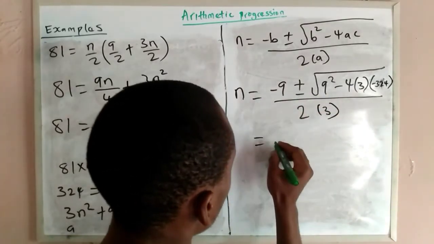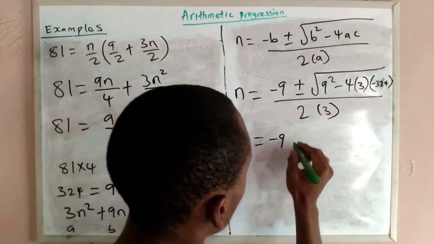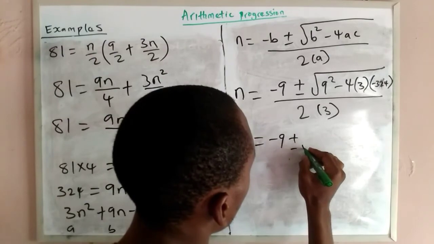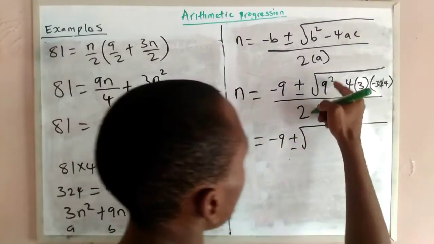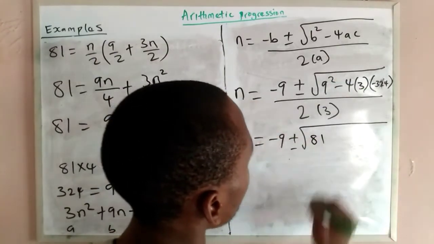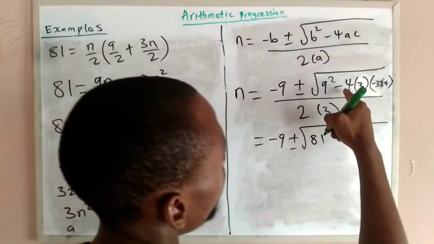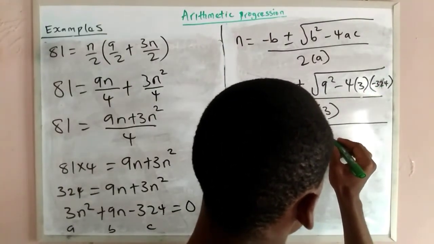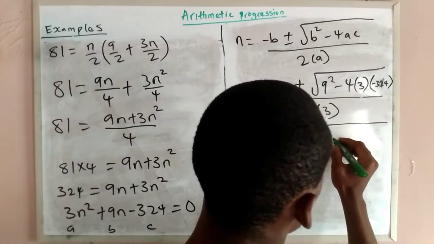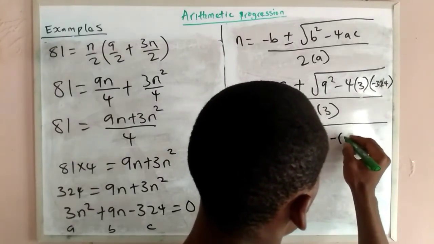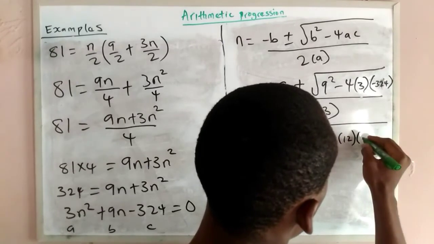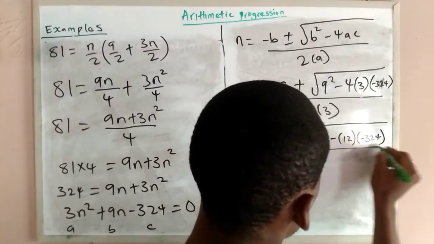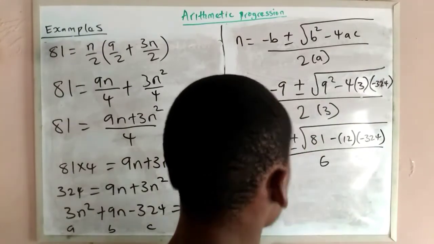So this will give us minus 9 plus or minus root of 9 squared, that will be 81. Now, minus 4 times 3, that will be minus 12, minus 324. All divided by 2 times 3, that will be 6.